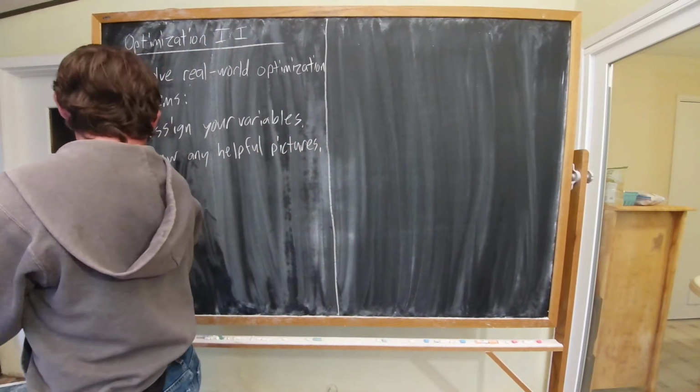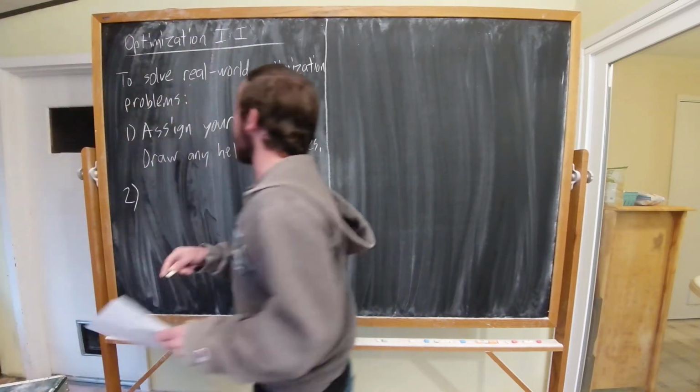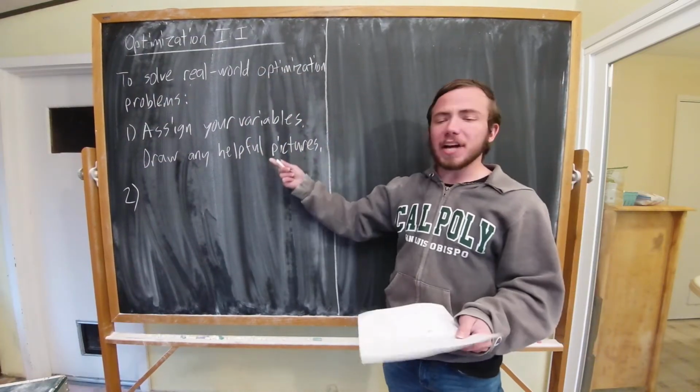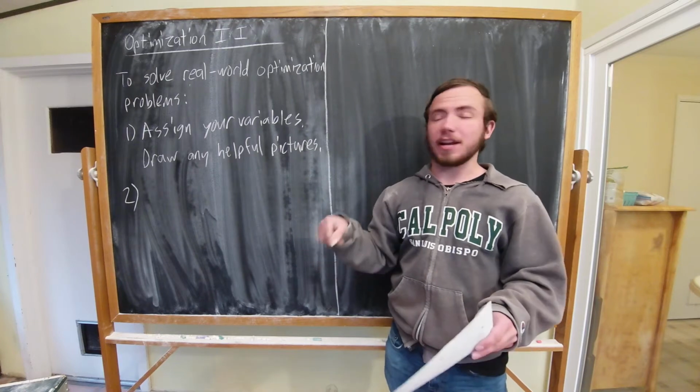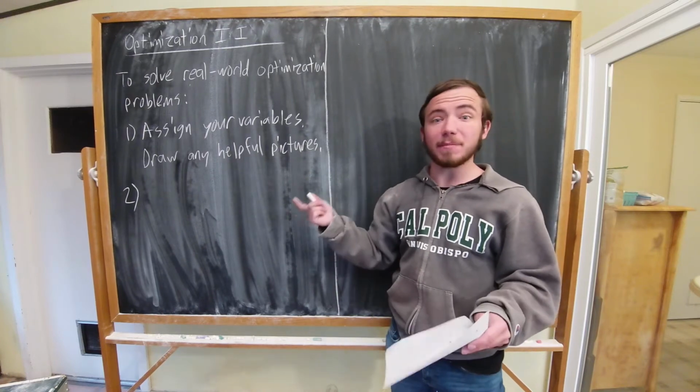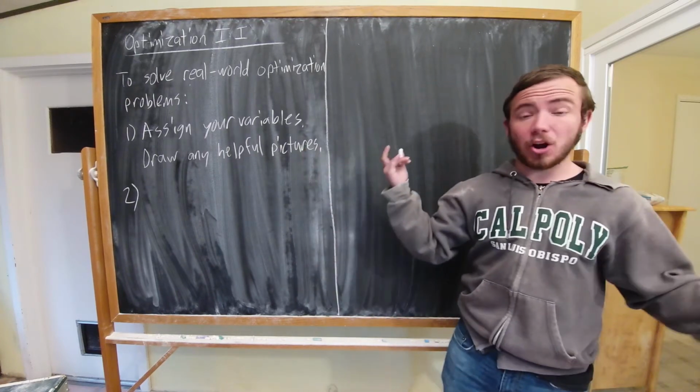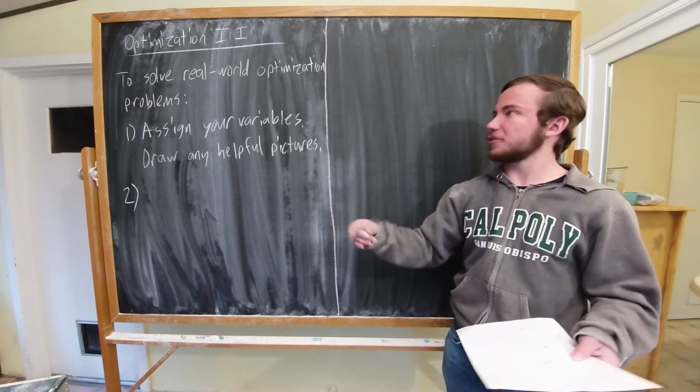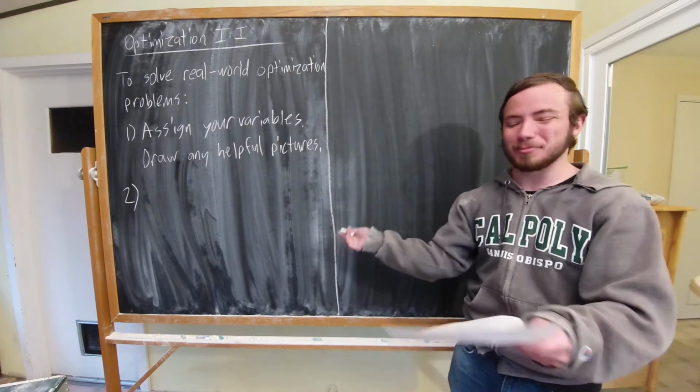Alright? After that, we've assigned our variables and set up our naming. Now we're going to start relating the variables one to another so we actually have a function to optimize.